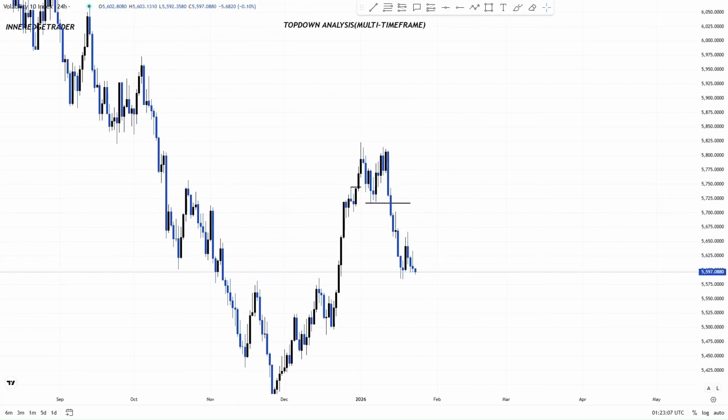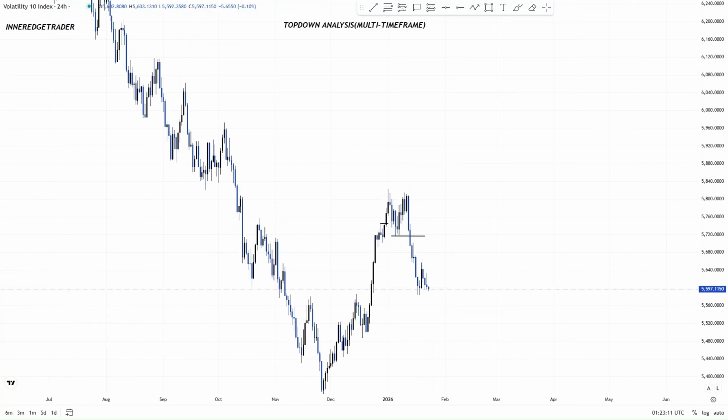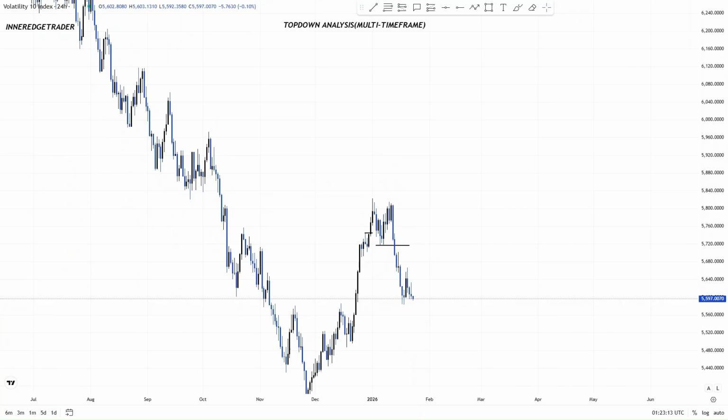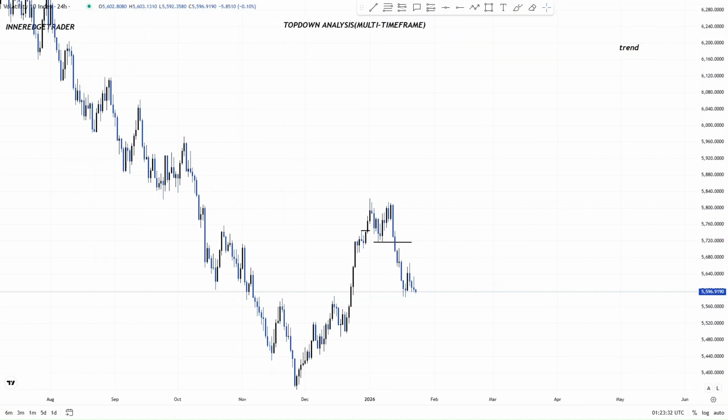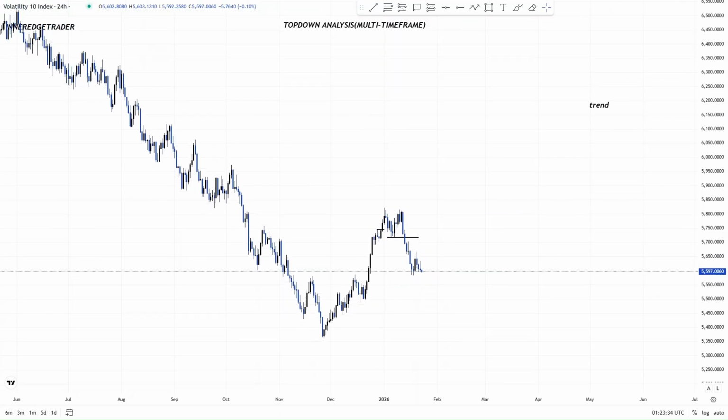And if you want to analyze the market, you have to make sure you have some key factors in mind, and those key factors are: number one, the trend of the market. The trend of the market, it's the market movement, the market flow.